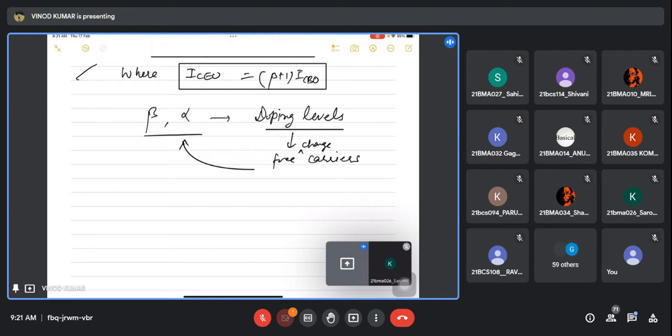Now, if we talk about the input characteristics of this common emitter configuration, that is quite simple.